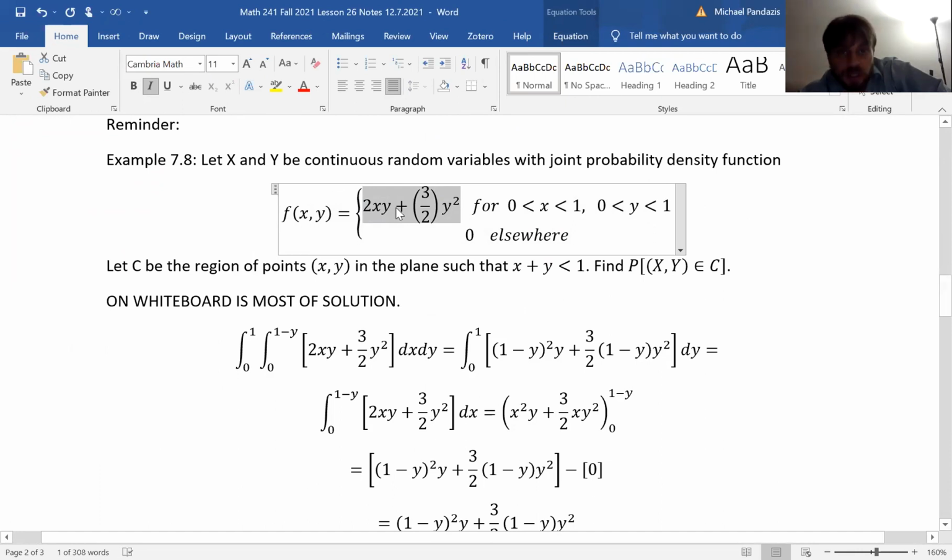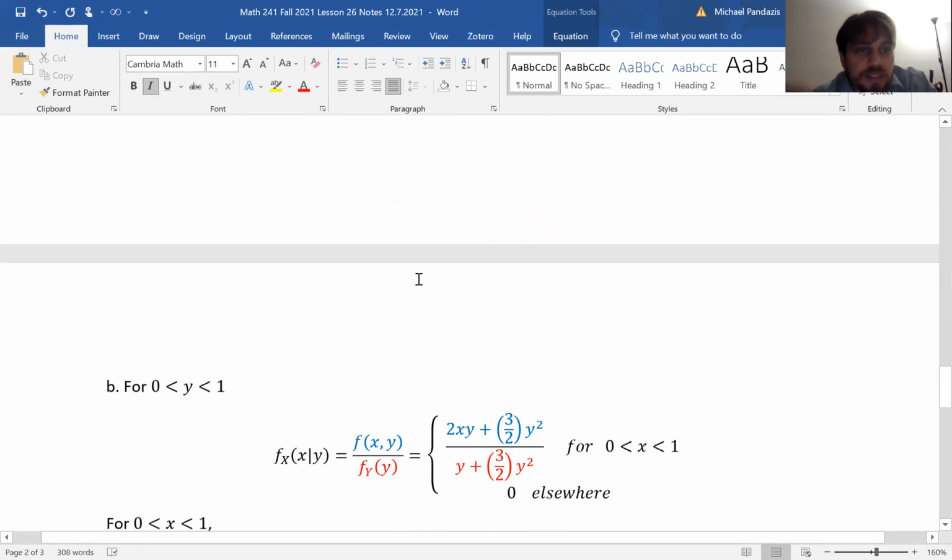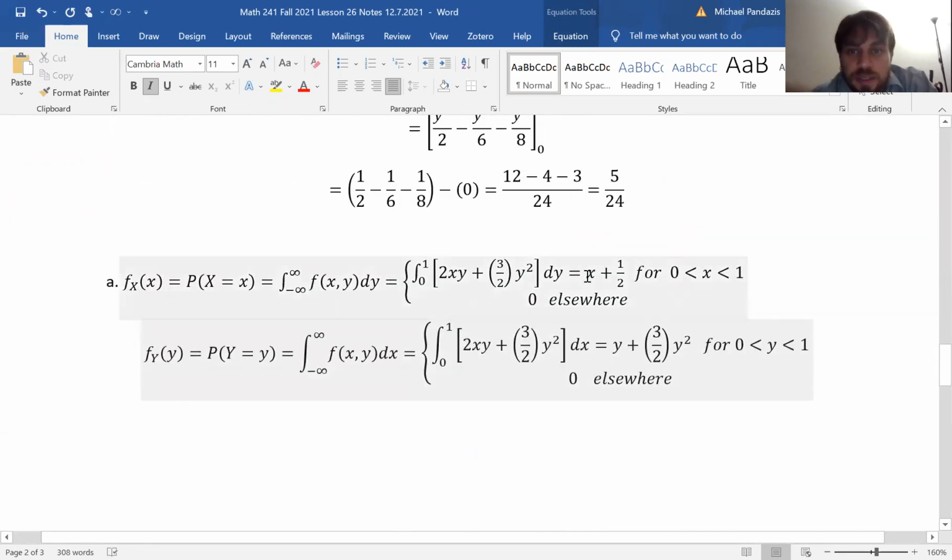And so you get 2x times 0.3 plus 3/2 times 0.3 squared, divided by, then plugging in f sub x of x, and f sub x of x is this expression.